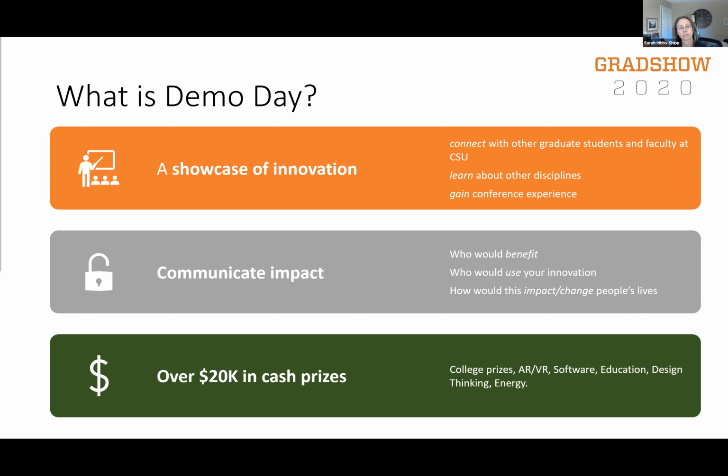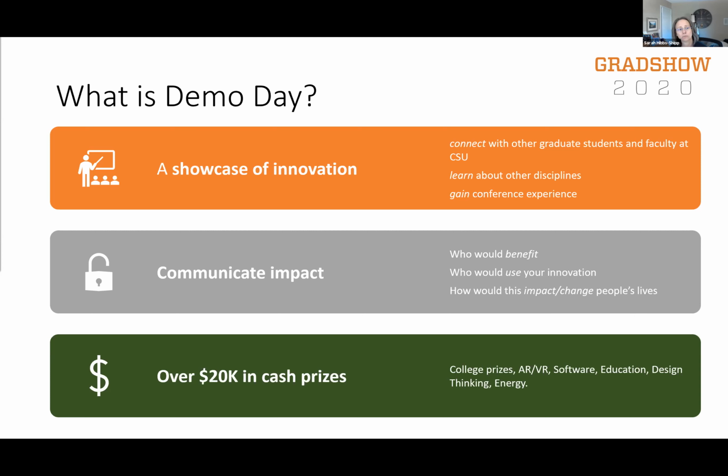So really answering the key questions of who would benefit from your innovation, who would use your innovation, how would your innovation impact or change people's lives. Those three key questions are really what form the basis of what we want you to communicate, along with how your innovation is better than whatever the current solution is.